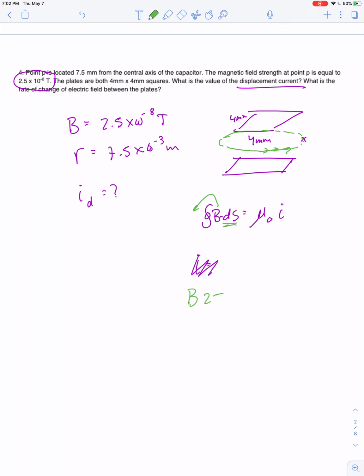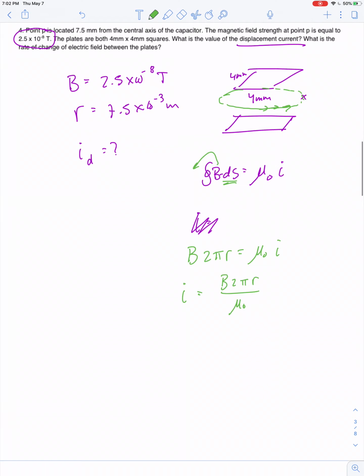So we have B times 2 pi r is equal to mu naught I. So I is equal to B times 2 pi r divided by mu naught.